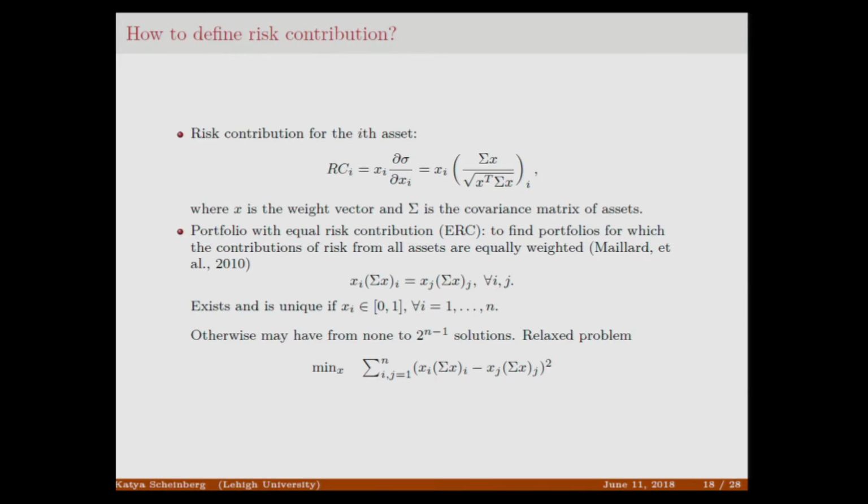This is the overall risk, and this is a matrix times the vector, of which you take the ith element. And this is the risk contribution. So this is a constant for everybody.